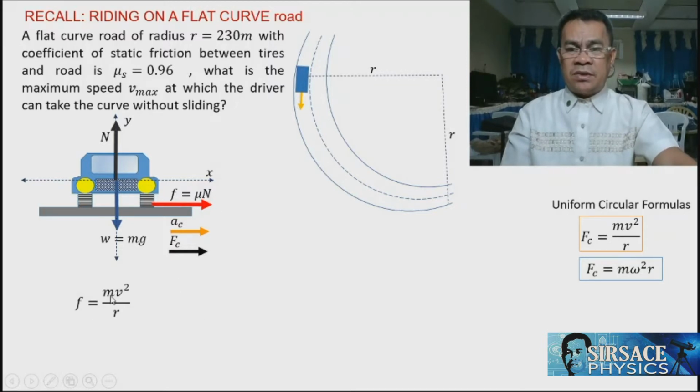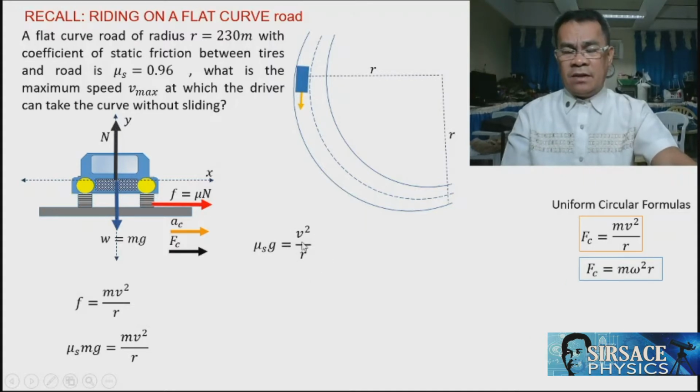So substituting that where friction is mu n, we substitute it here, and n is the normal. The normal is equal to the weight, so therefore this should be mg, mu mg, and the mass cancels, and we have mu s g equals v squared over r.